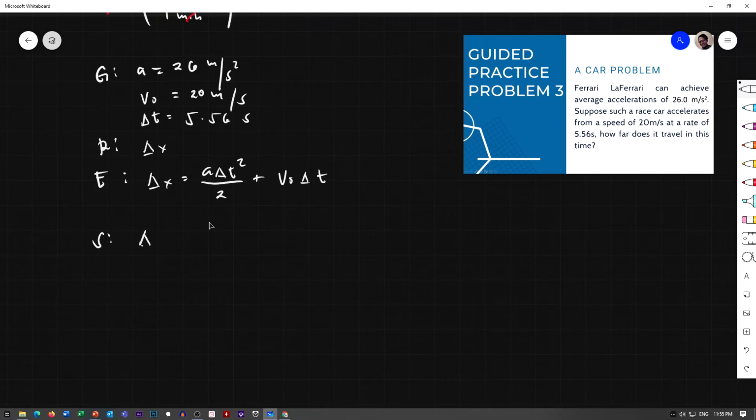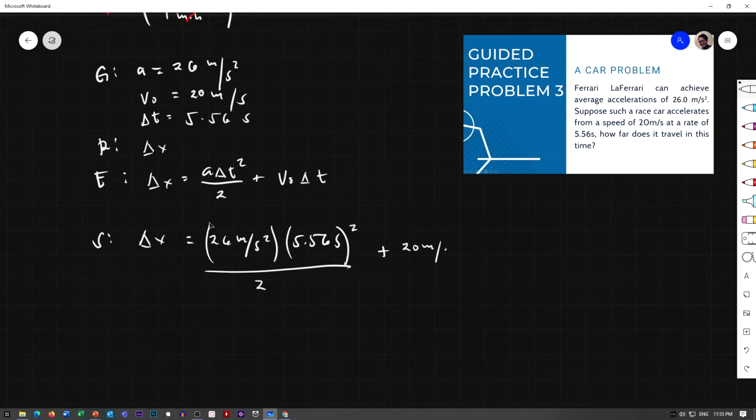So you have delta X is equal to, what's our A? 26 meters per second squared multiplied by time, 5.56 seconds. This is squared, okay, divide by 2. Then plus V sub 0 is 20 meters per second. Then finally time, 5.56 seconds.